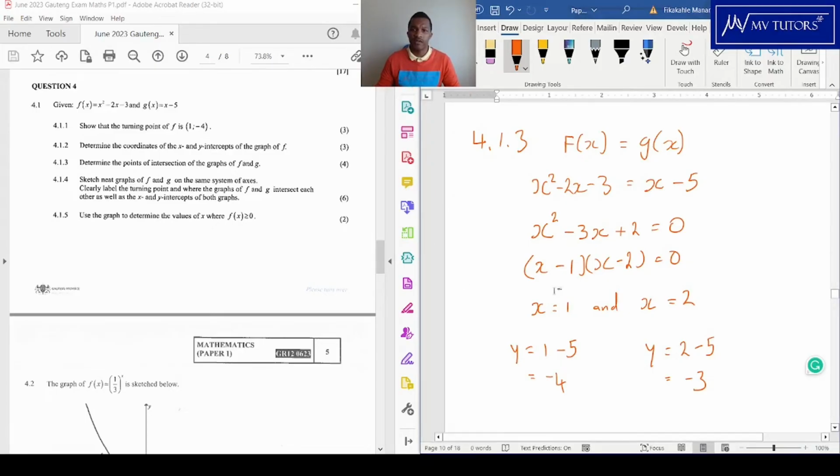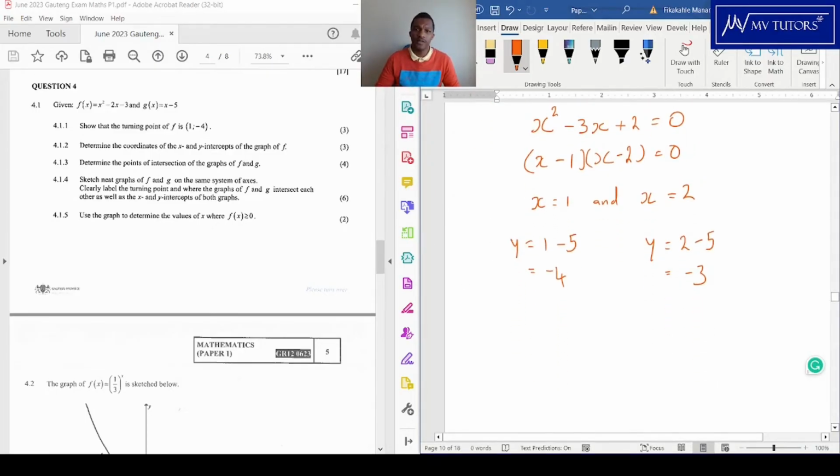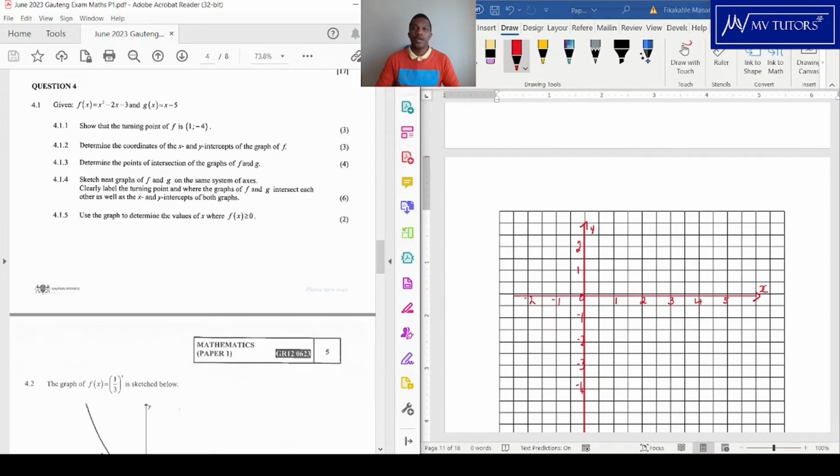So if I want to complete the coordinate, that's my x value, which I already knew, 1, minus 4, and here it's going to be 2, minus 3. That's it.